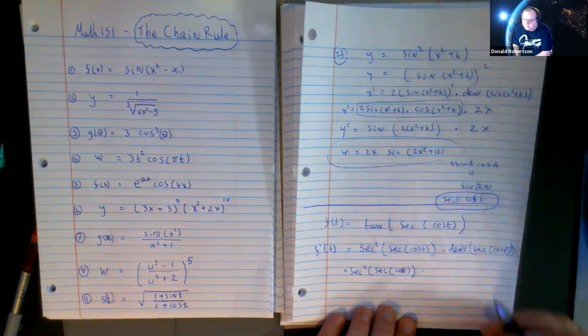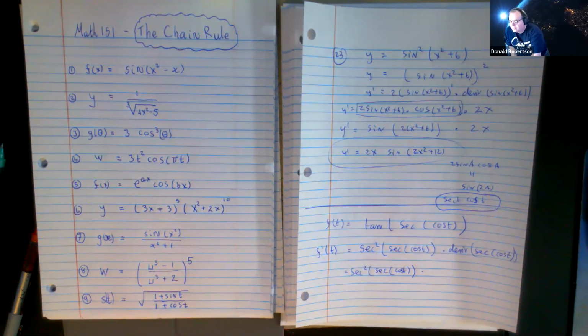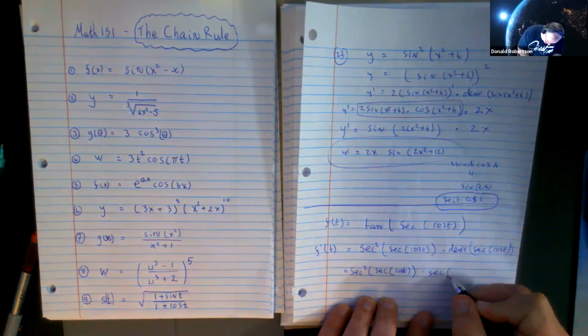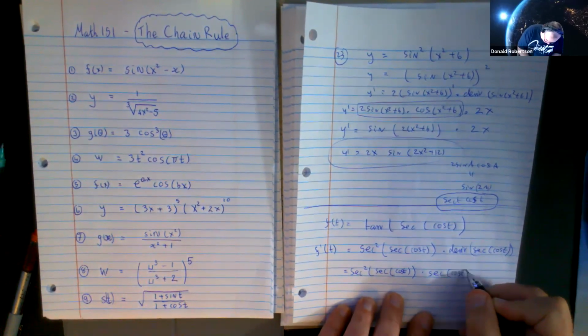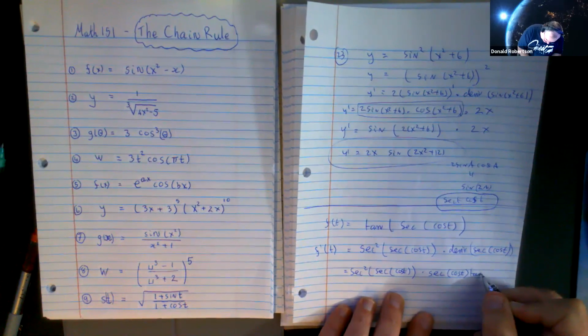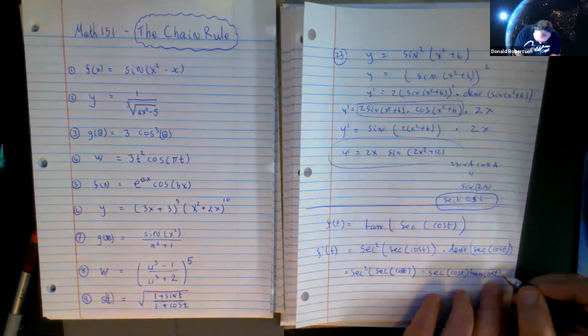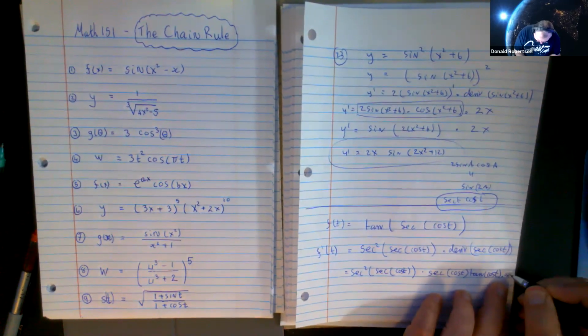What is the derivative of the secant of something? It's one of our six we should have probably memorized by now. What's the derivative of a secant of something? Secant times tan. Okay, so it's secant tan followed by the derivative of something, and the derivative of this is negative sine t.